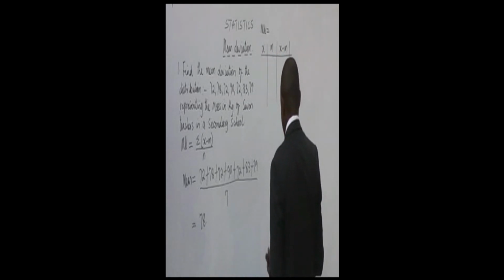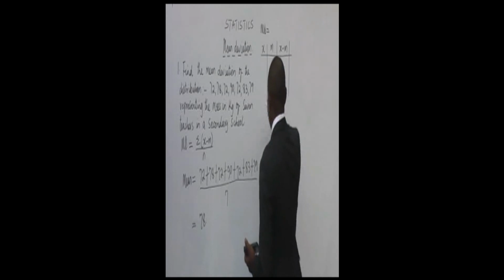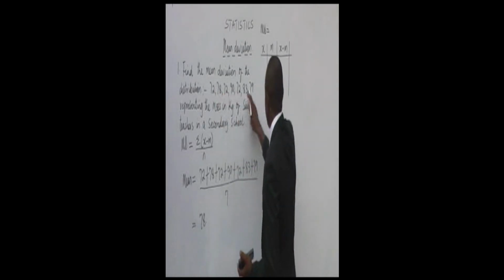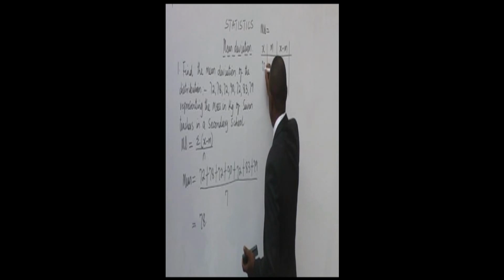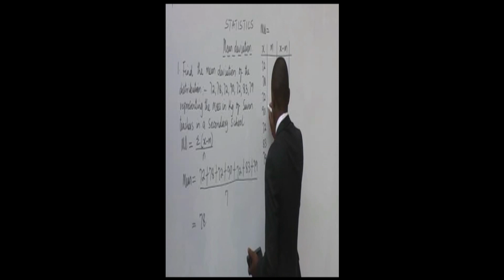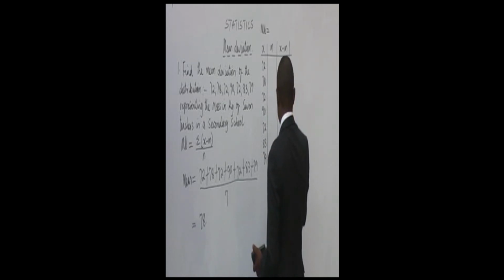So the x are the numbers. So bring in all these numbers here. So we have 72, 78, I'm copying these numbers. Another 72, 90, 72, 83, 79. So make it a table.